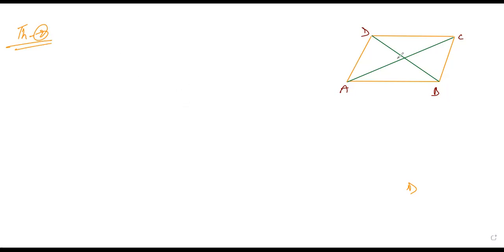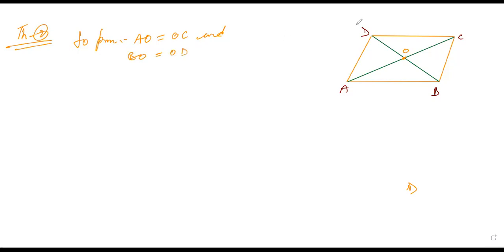Okay. So what we have to prove, for example, these are the two diagonals. Say O is the point of intersection. Then what to prove over here? We have to prove that AO equals OC and BO equals OD.